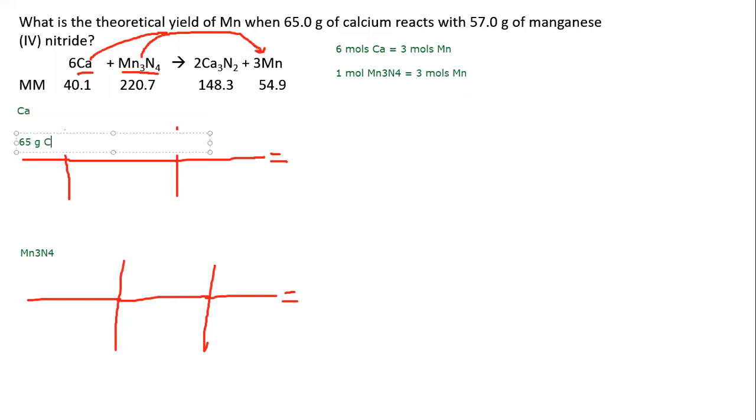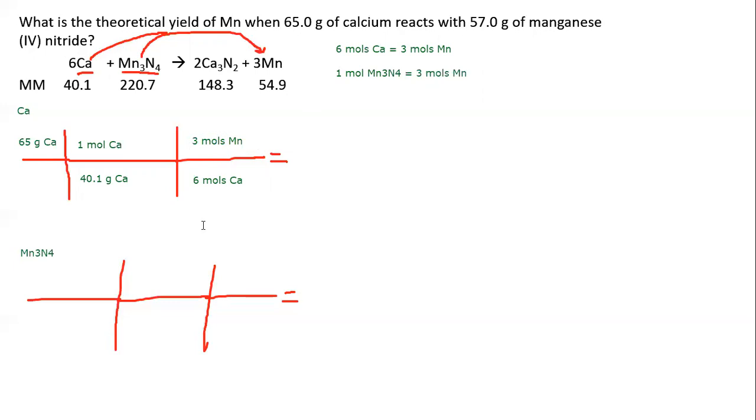So we're going to convert mass to moles by dividing by the molar mass. Then we want to convert it to moles of manganese. So it's 6 moles of calcium gives us 3 moles of manganese. Since we're starting with moles of calcium, it goes on the bottom, and manganese goes on top.